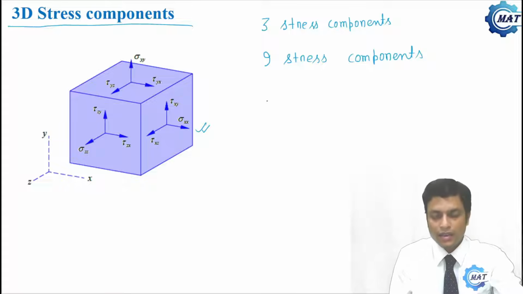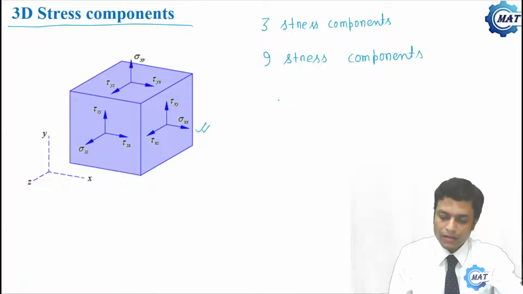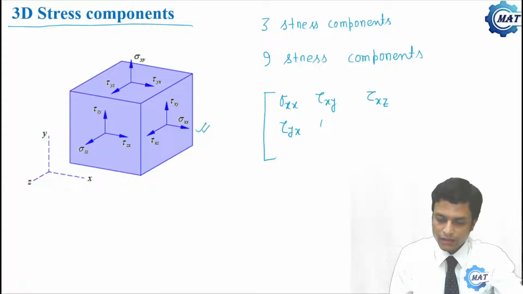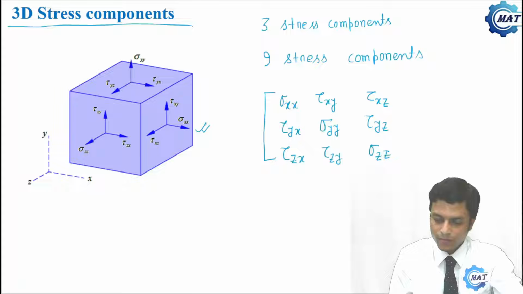They can be expressed in matrix form: sigma xx, tau xy, tau xz, tau yx, sigma yy, tau yz, tau zx, tau zy, sigma zz.